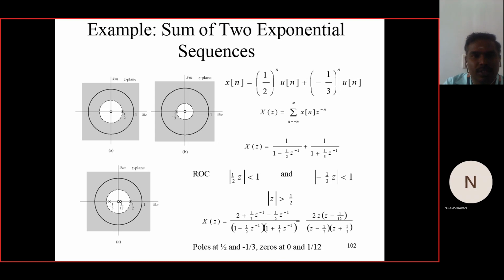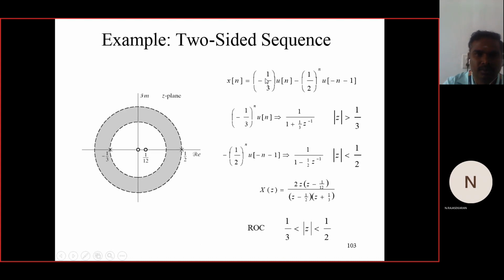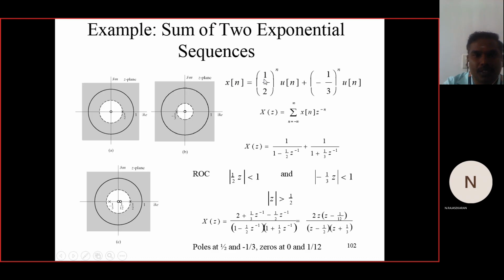Again, consider the sum of two exponential sequences, x of n equals (1 by 2) whole power n into u of n plus (minus 1 by 3) whole power n into u of n. So this is a right-handed sequence with a equal to 1 by 2, and the other one with minus 1 by 3.